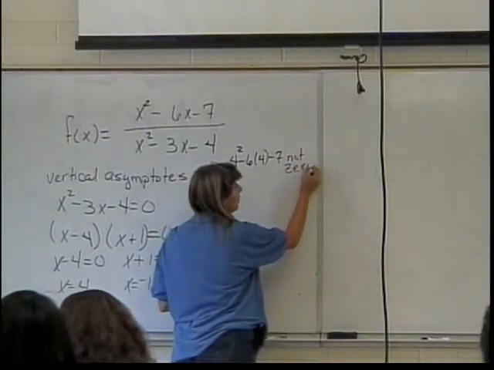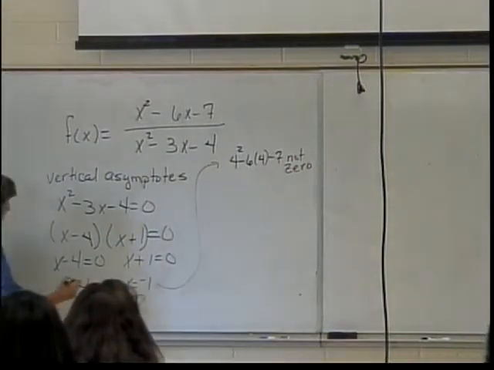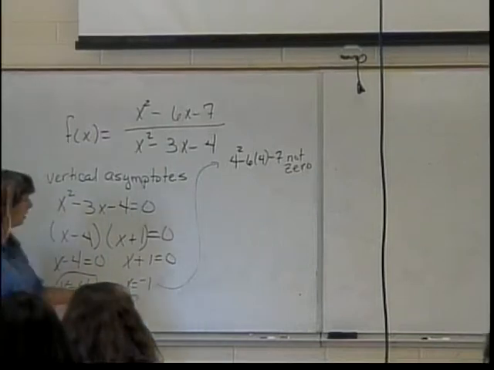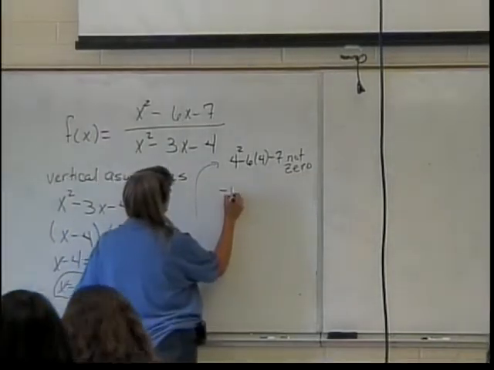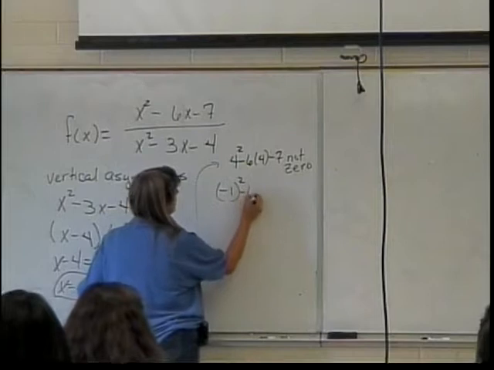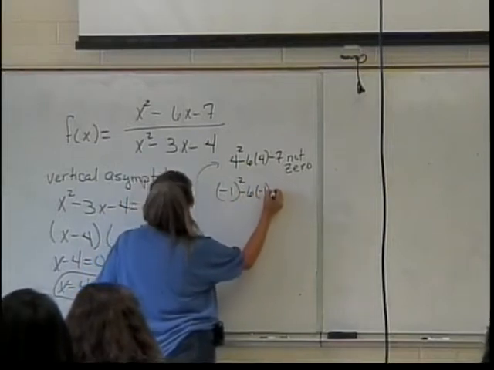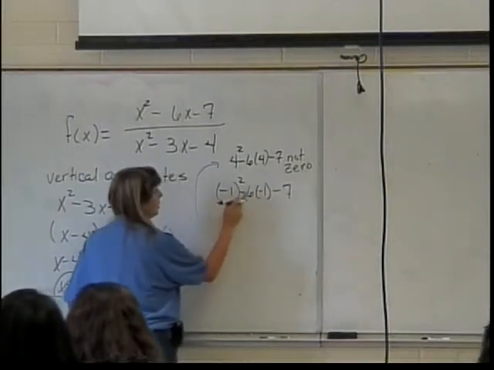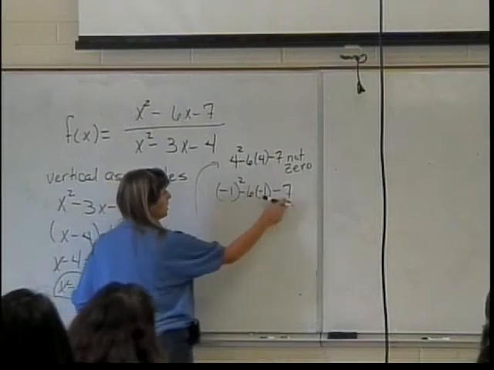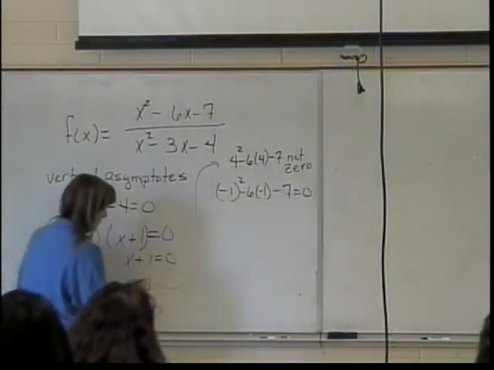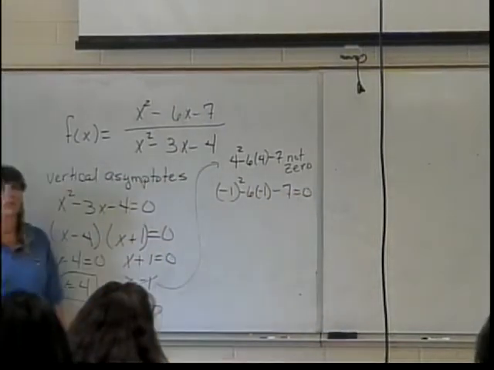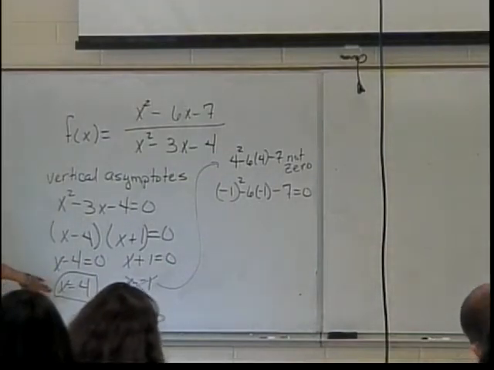Everybody agree? So this one is good. If I plug in negative 1, I get negative 1 squared minus 6 times negative 1 minus 7, that's 1 plus 6, which is 7, minus 7 equals 0. That means this is no good. So there's only one vertical asymptote.